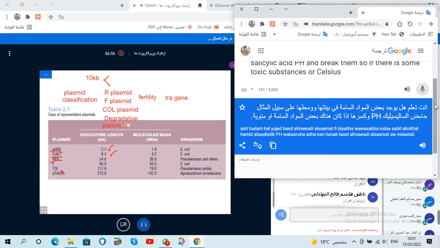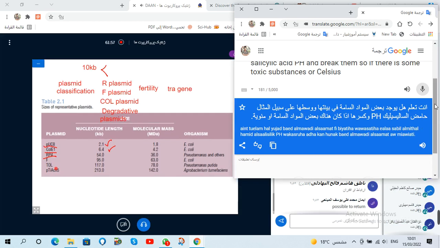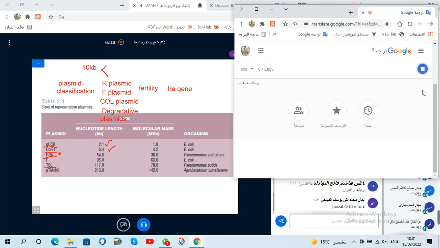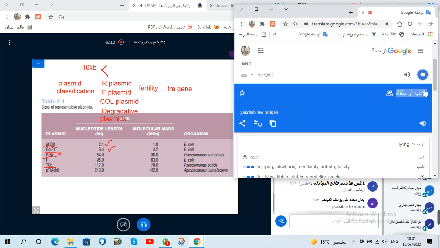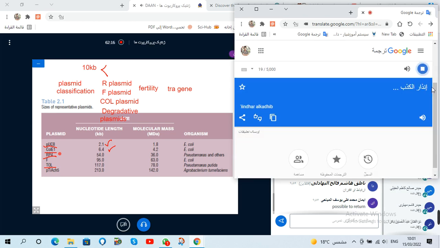What is the example? Tol is resistance for toluene. Toluene is toxic for the bacteria.